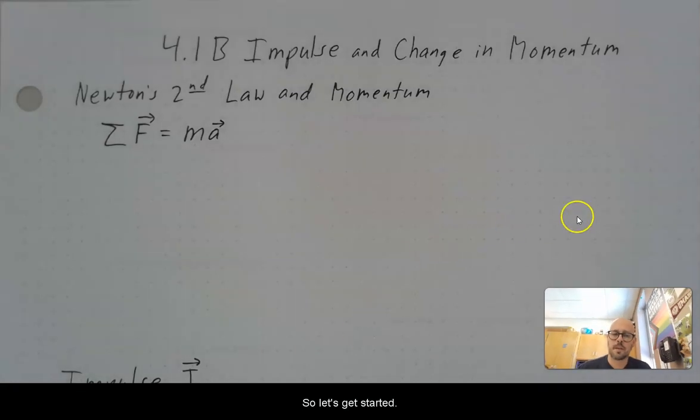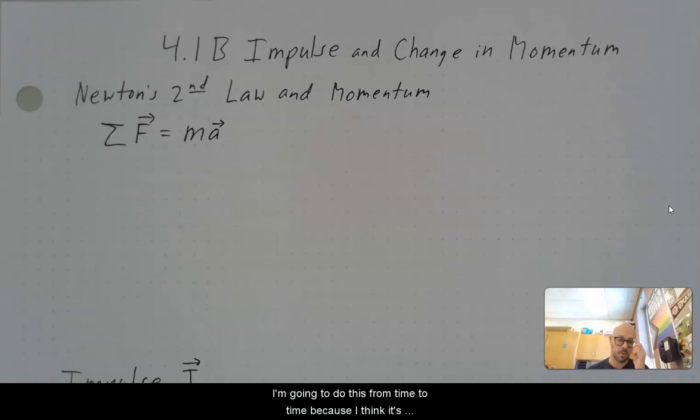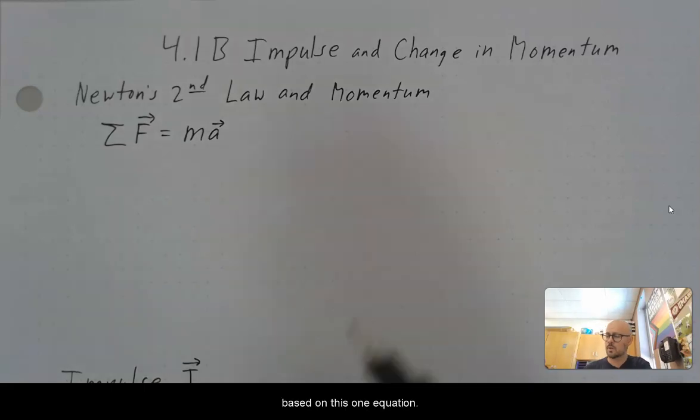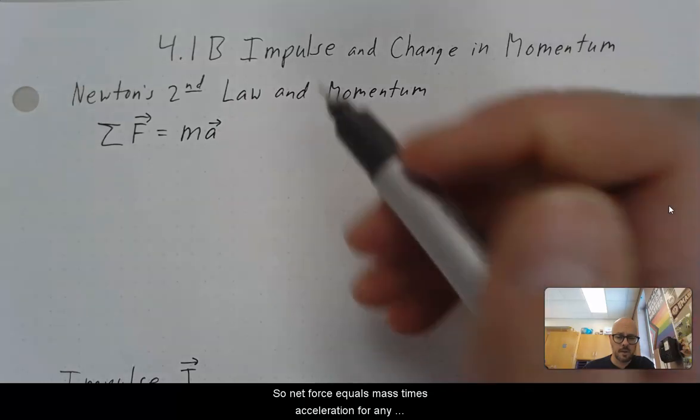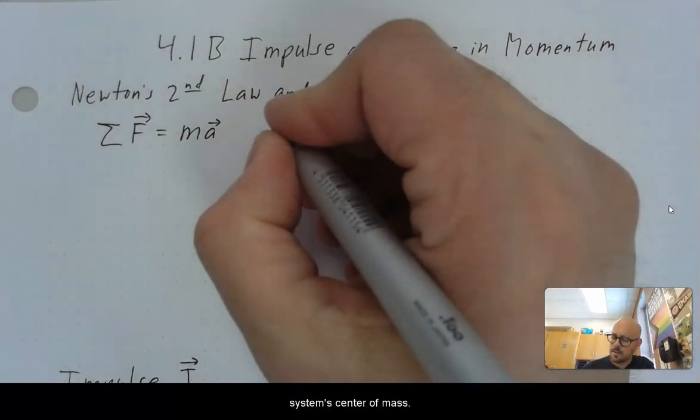So let's get started. We're going to start with Newton's second law and derive what impulse is. I'm going to do this from time to time because I think it's valuable to show you how many things come from Newton's second law, and how all of mechanics is really based on this one equation. So net force equals mass times acceleration for any system's center of mass.